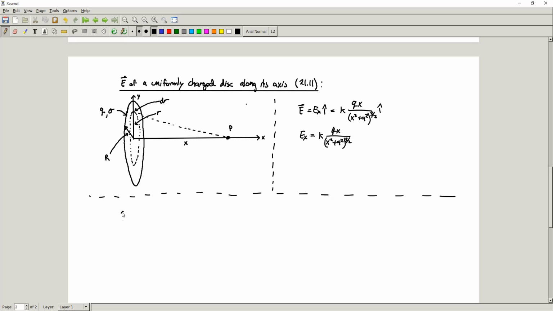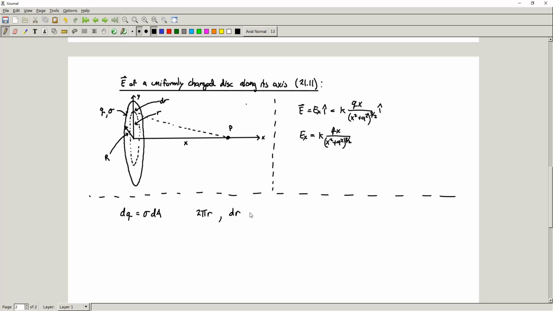We know that here our dq, our small chunk of charge, is really going to be sigma times dA. So it'll be our charge per unit area times a little chunk of area, okay? But we know that the circumference of our circle is 2 pi r, right? And these r's will be changing as we increase the size of the ring that we want to look at, okay? And the thickness of the rings is going to be dr. So we have circumference here and thickness here, okay?